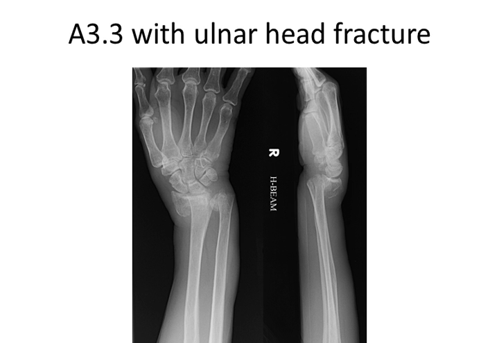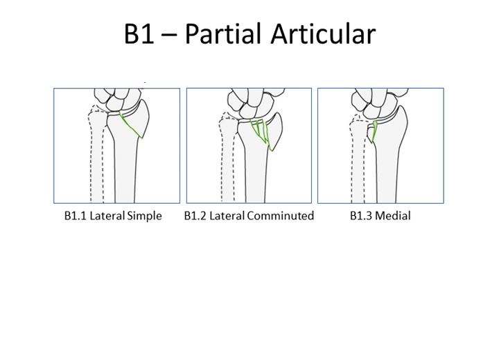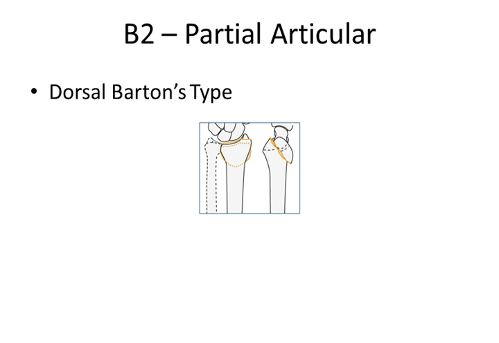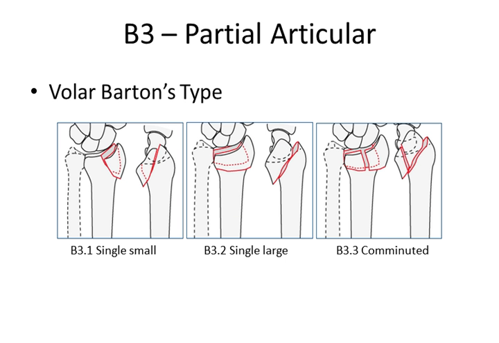Extra-articular with some comminution. Right, B1 partial articular fractures. So you have the Schoeffer's type of fractures, and then you also have the medial fracture. B2 is the dorsal buttons, and B3 is the volar buttons.